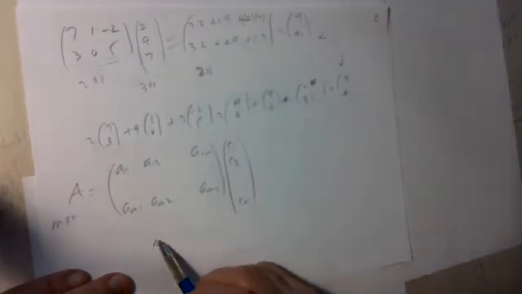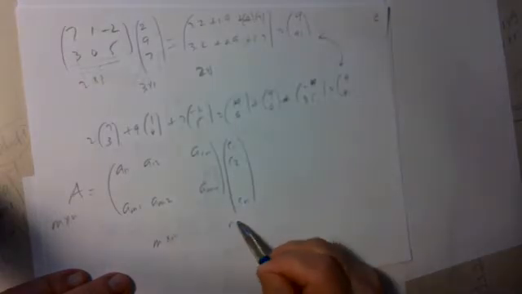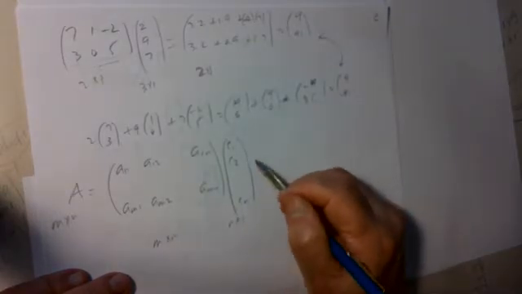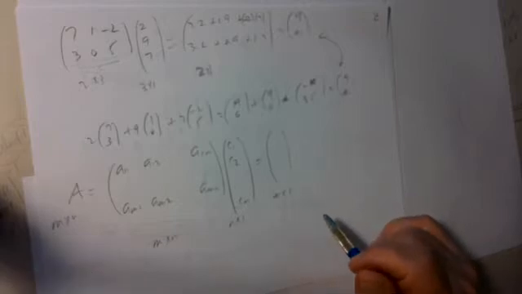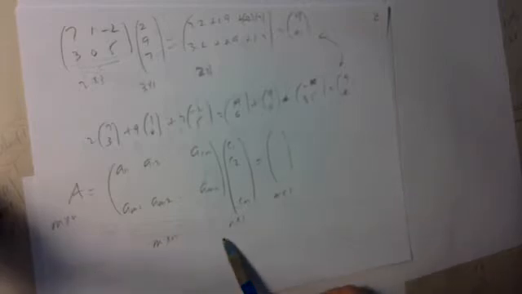So this is m by n. This is n by 1. You're going to get an m-dimensional column vector, right? M by n, n by 1. The n's cancel in a sense. You get m by 1.